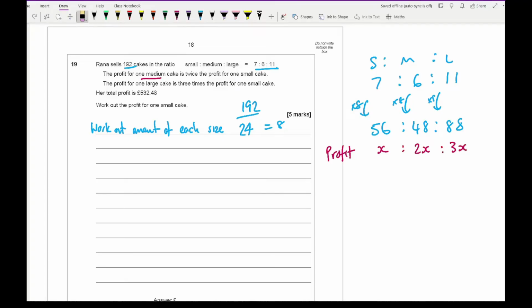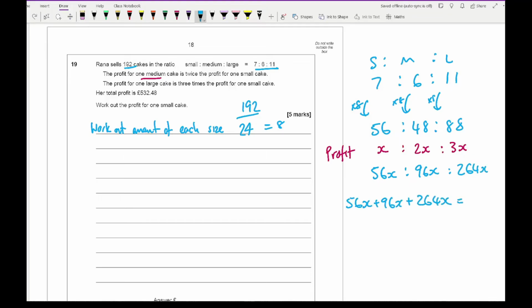Then what we need to do is multiply each of these. So this is going to be 56x, it's going to be 96x, and this is going to be 3 times 88, which gives me 264x.